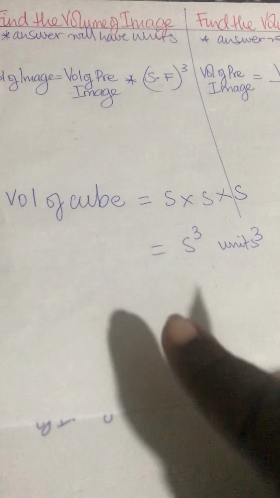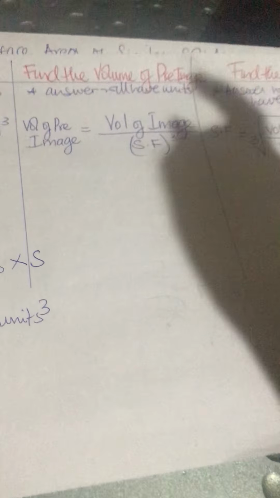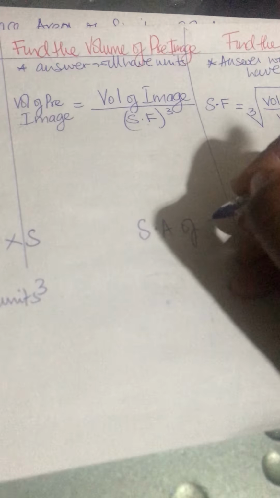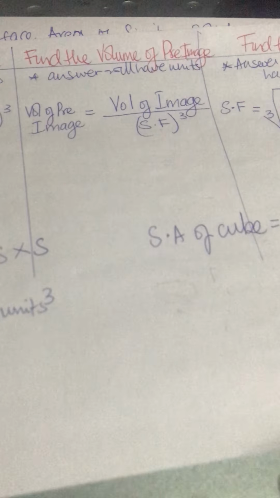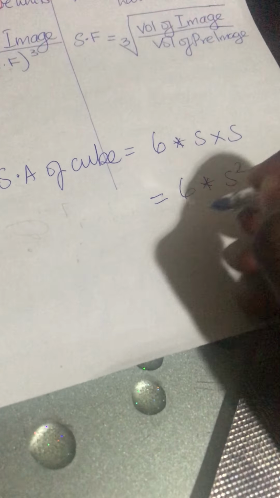of a cube. How do you find surface area of a cube? So surface area of cube. The cube has 6 squares. So that will mean 6 times side times side. 6 times side squared.